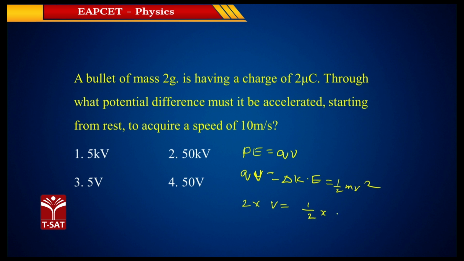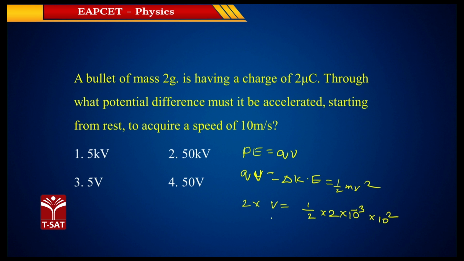The mass value, 2 gram, you convert to kilogram: 2 into 10 to the power minus 3. And speed is given, v square, 10 square. Then you find out the V value.